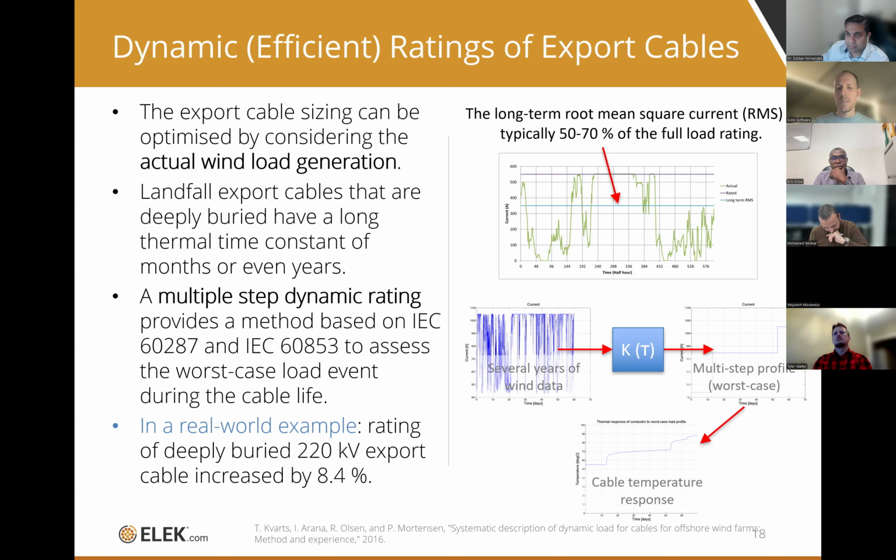And typically, there's a real world example, almost 10% increase in the rating of these export cables at the landfall by considering the dynamic rating or the dynamic loading of these cables. And to do that, we take wind data, we translate that into wind turbine output, and then from there we can perform the dynamic rating calculations.